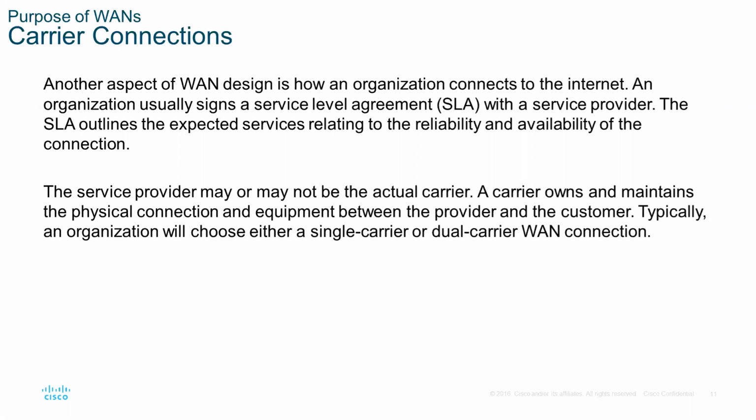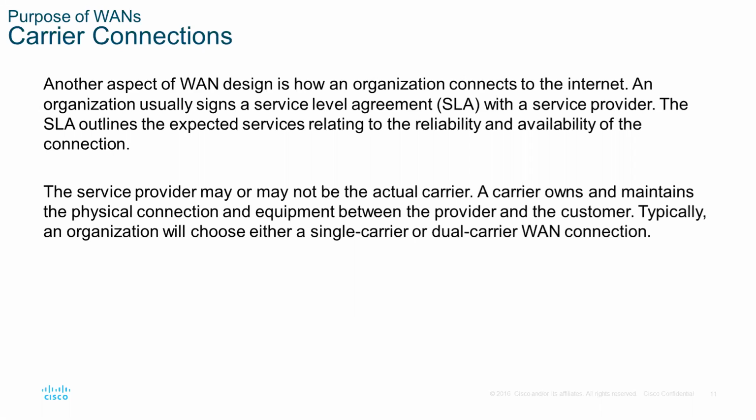Now, some enterprises, depending on the requirements for redundancy, may sign up with multiple carriers to provide redundancy with their WAN connections. One of the solutions for that secondary WAN supply is it might be on an ad hoc basis. In other words, if their primary connection fails, they'll use a secondary connection from a secondary provider, but it has a higher cost due to it not being used for the majority of the time.